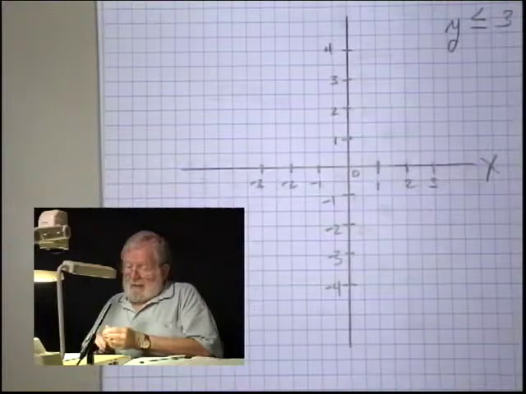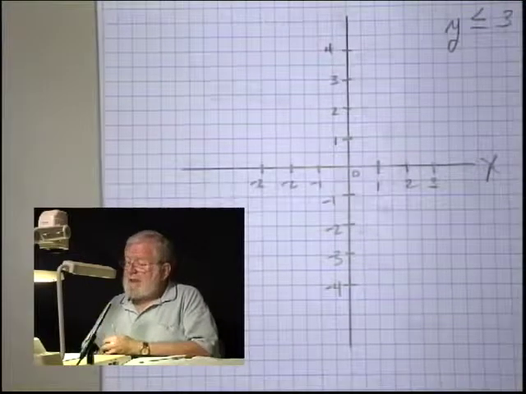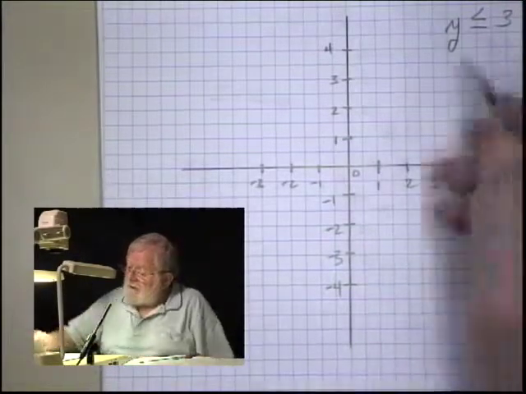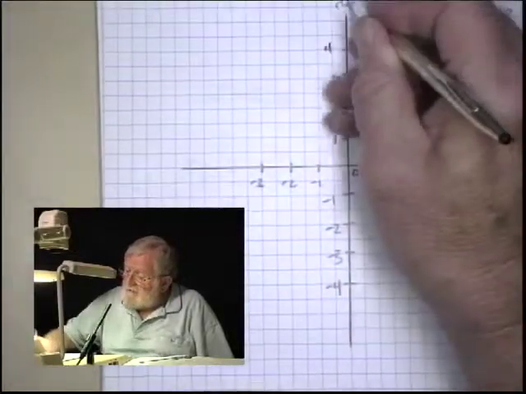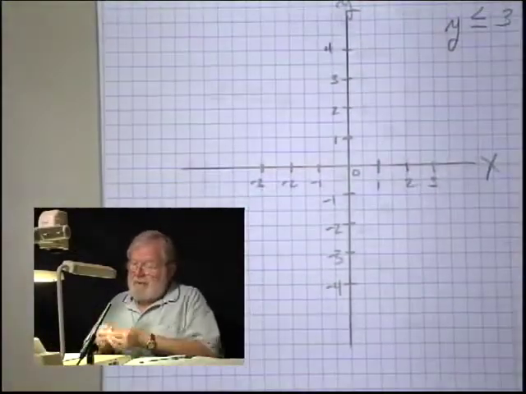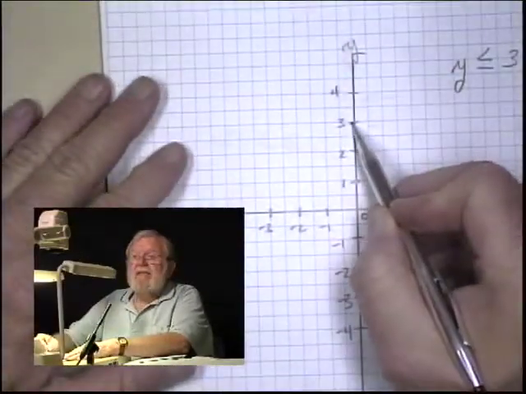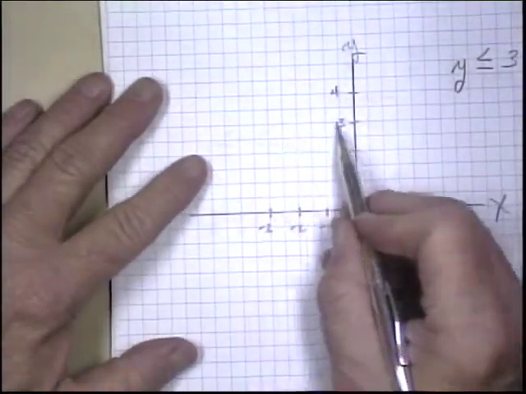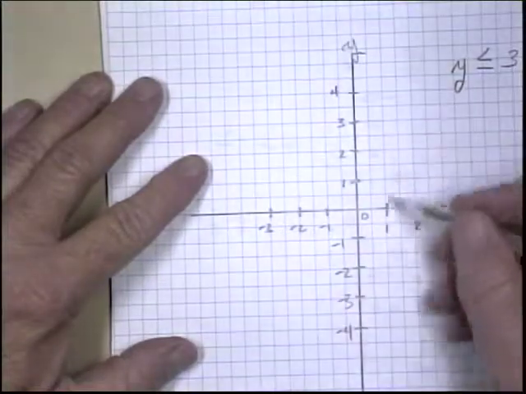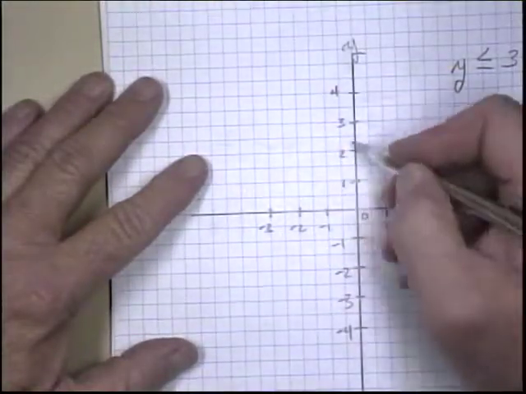Okay, our y has to be less than or equal to 3. Well, here's y. This is our y-axis, with 1, 2, 3, 4 and minus 1, minus 2, minus 3, minus 4. And 3 on our y-axis is right here. So any y that's less than 3, which would be any y down here.